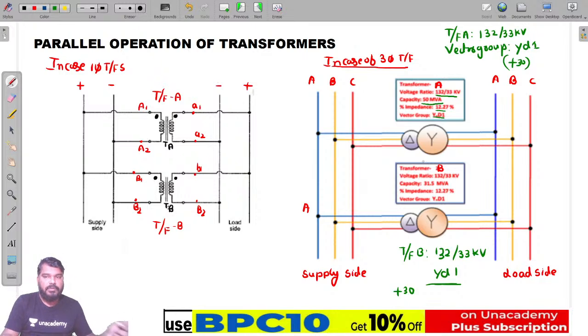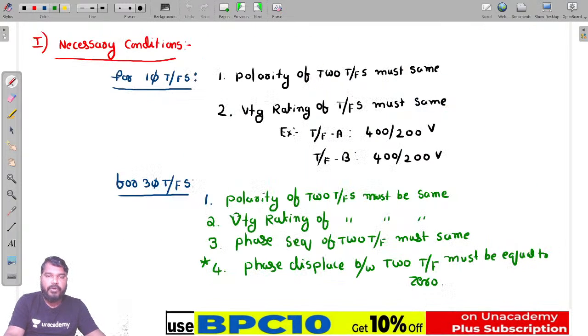Okay, so this is very important: the phase displacement between the two transformers must be equal to 0.